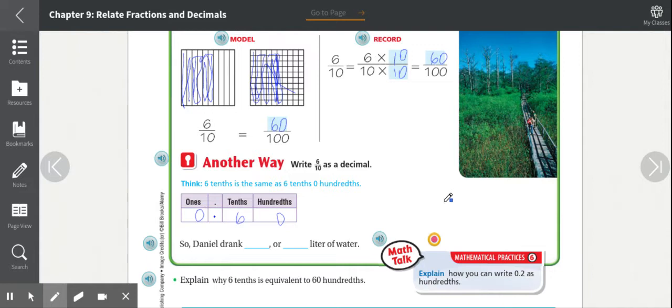So 6/10 is equivalent to 60 hundredths. So he drank either 6/10 of his water or 60 hundredths of his water. Well, and that's as our fraction. And then as our decimal, 0 and 60 hundredths. 60 hundredths or 6/10.